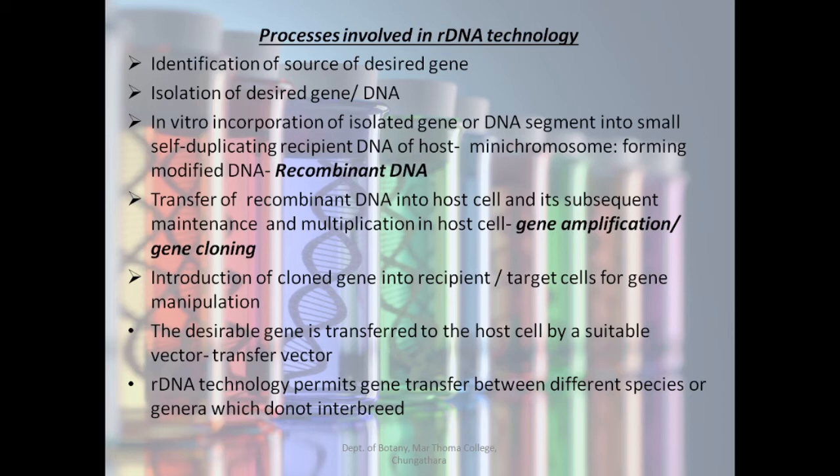There are two different types of vectors, transfer vectors and clone vectors. rDNA technology permits gene transfer between different species or genera which do not interbreed. This is the major plus point of rDNA technology because it allows gene combination between normally unrelated species, genera, or even organisms.